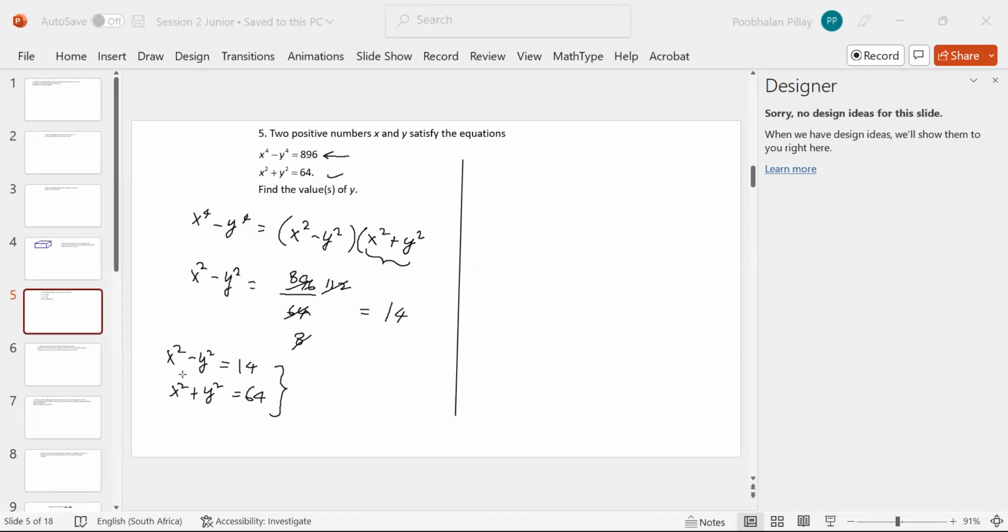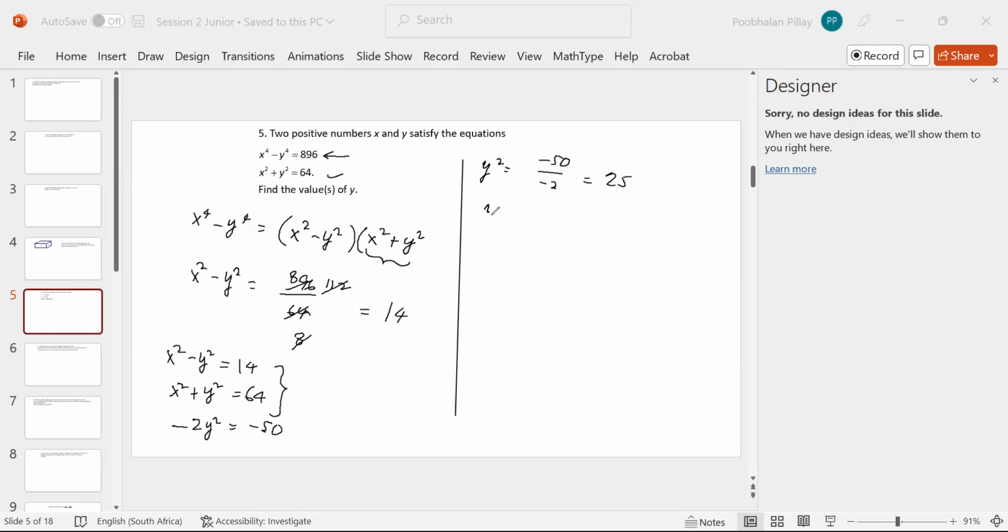So if I subtract these two, I have x squared minus x squared, that is 0. And minus y squared minus y squared again is negative 2y squared equals negative 50. 14 minus 64. So negative 2y squared is negative 50. So y squared is negative 50 over negative 2, that is positive 25.